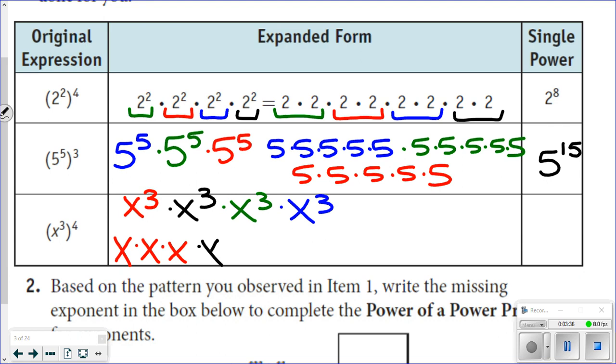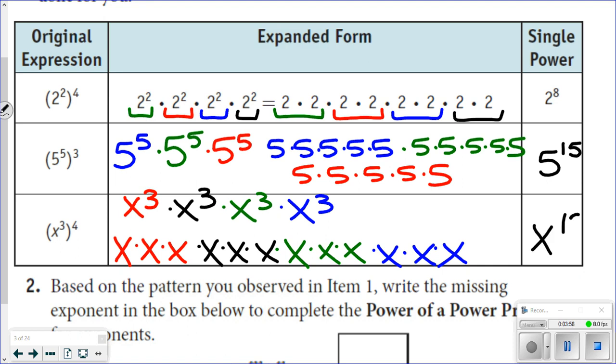Keep going. And count all of those up. And how many total x's do we have? X is being multiplied by itself 12 times.